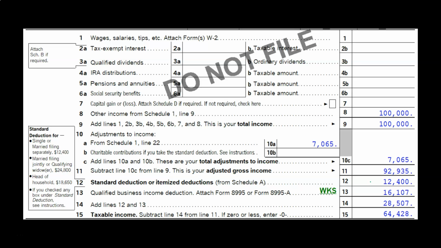So nothing really different with regards to the standard deduction at this point between a Schedule C business and W-2 type of income. But then we have this qualified business income deduction, which could be a large factor that you want to be considering within the calculation or as part of adding a Schedule C potentially. And then we're adding these together. We're at the 28,507, and that's going to give us then the taxable income, the 64,428.